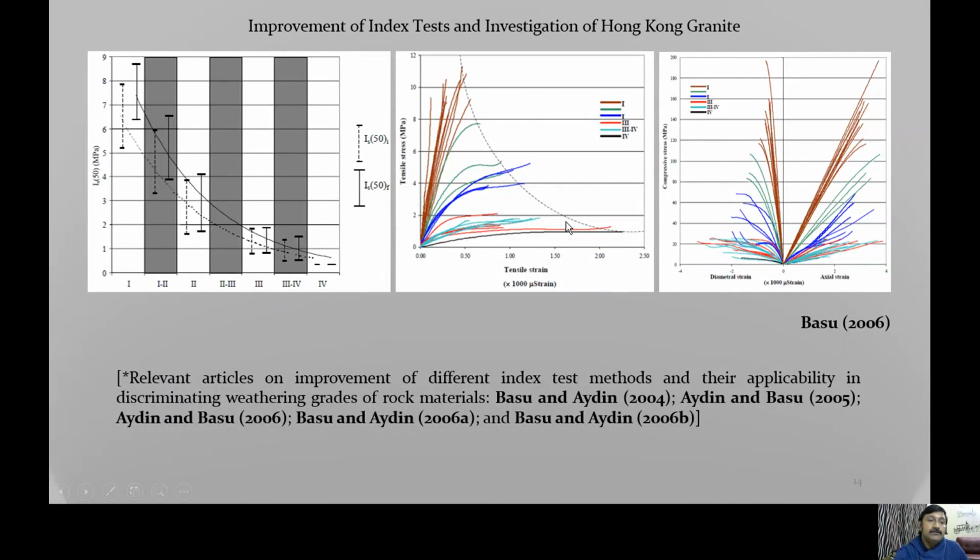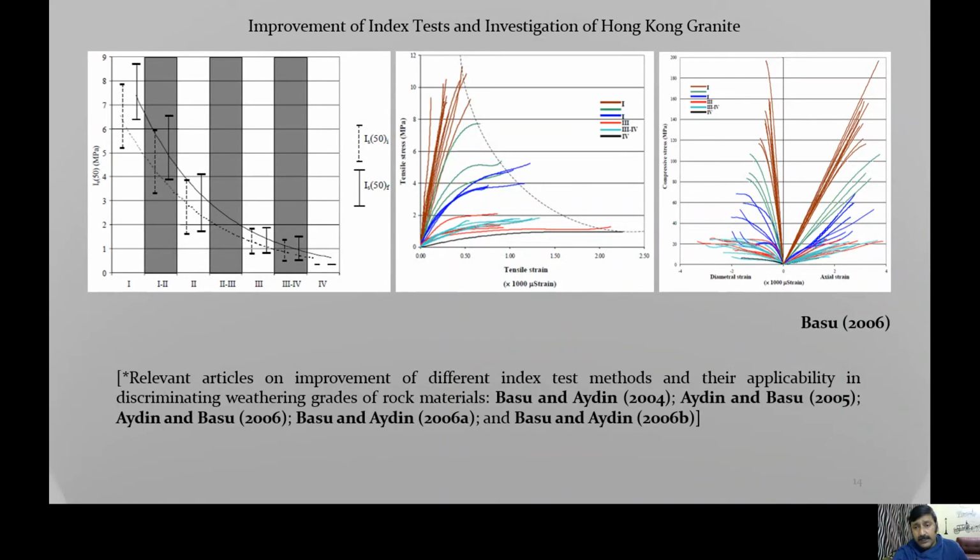Okay, so these were some of the improvements that we were able to make as far as the investigation of Hong Kong granite is concerned, and as far as the categorization of weathering grades is concerned.